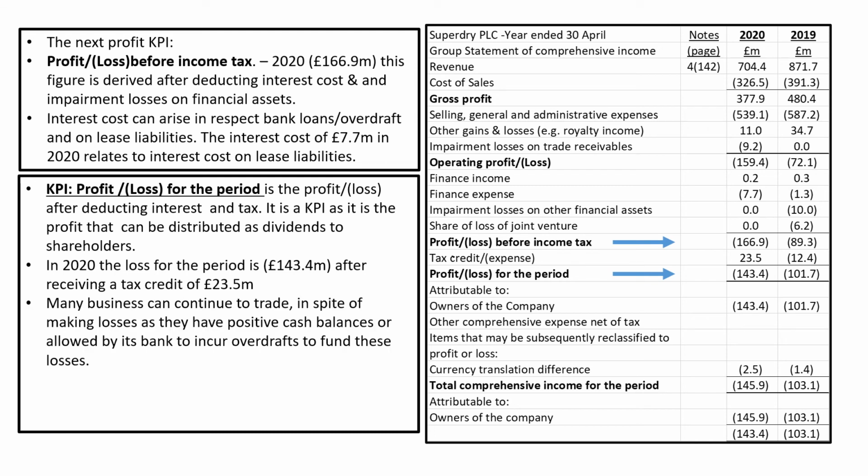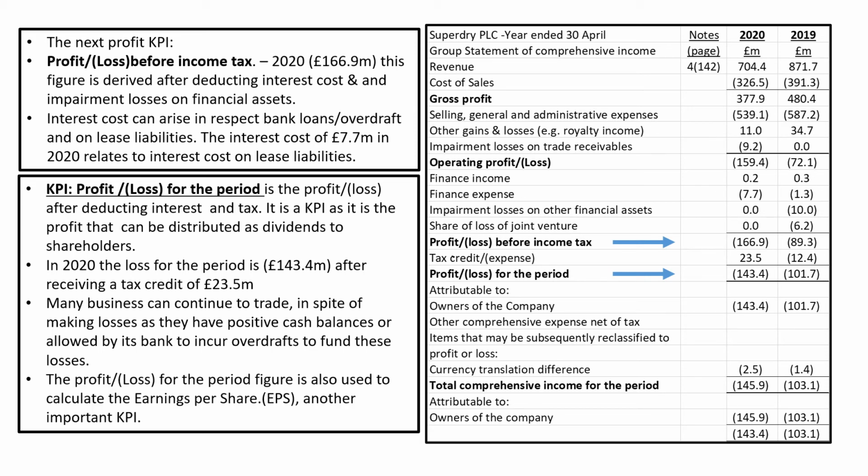Now, many businesses can continue to trade in spite of making losses as they have positive cash balances or are allowed by their bank to incur overdrafts to fund these losses. The profit or loss for the period figure is also used to calculate the earnings per share, or EPS, another important KPI.